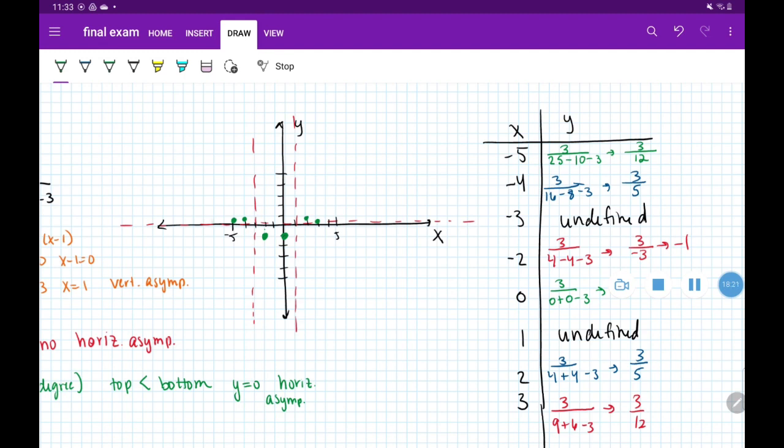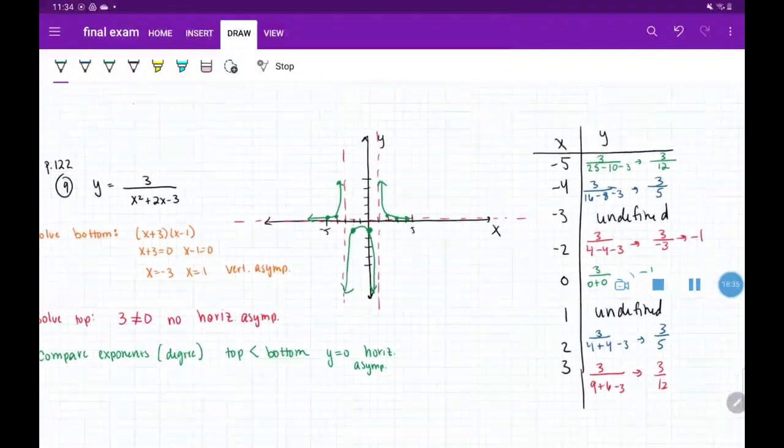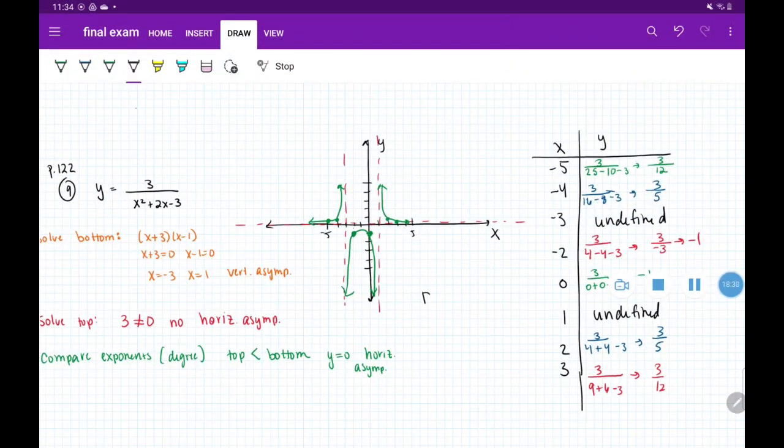Yeah. Alright, start near an asymptote, move through the points, end near an asymptote. There it is. There's your domain and range. Let's move on.